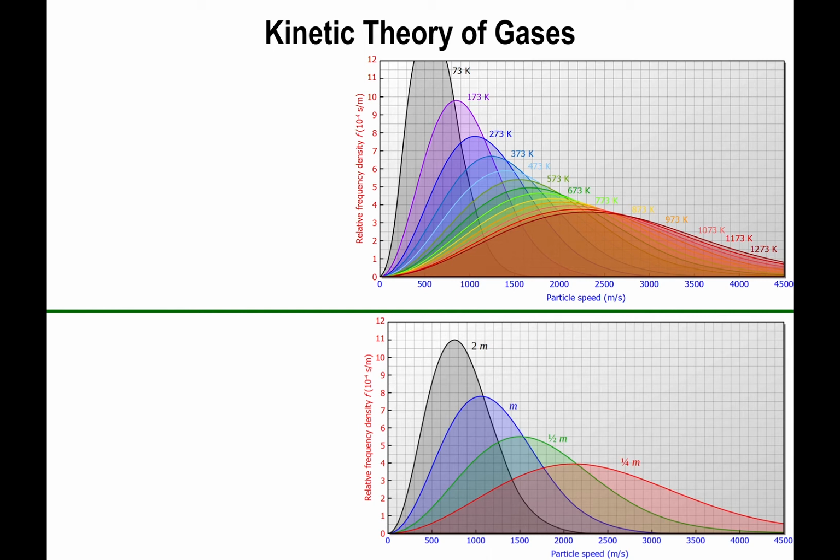If you have a closed receptacle holding this gas, as you increase the temperature, you're going to increase the overall average speed of the gas. That cannot be denied. We already saw that based on the equation of velocity. But you still have the same amount of gas present in the receptacle. So what's going to have to happen is that if you are to spread this bell curve further to the right, you cannot contain the same height.